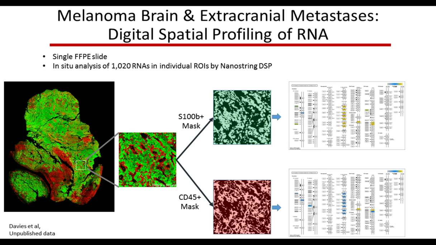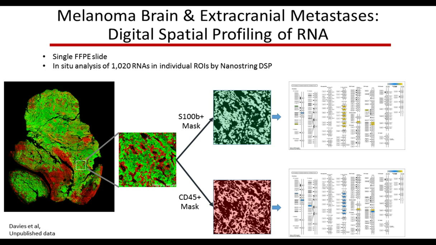And so shown here, Joe mentioned, quite briefly, that we now are working with NanoString on some pilot studies to do the digital spatial profiling, but now not of proteins, but actually of RNA molecules.